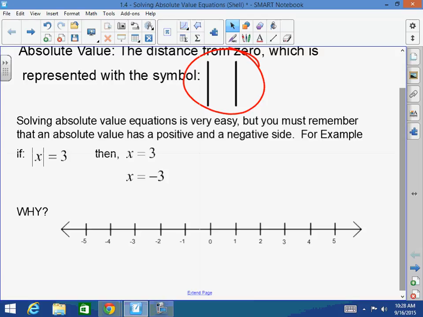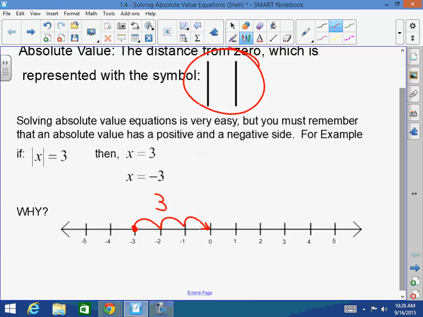Very good. Why? Well, let's investigate why there is this duality for absolute value. If x was negative 3 and I wanted to find the absolute value of negative 3, and being that the absolute value is the distance from 0, wouldn't negative 3 be 1, 2, 3 away from 0?